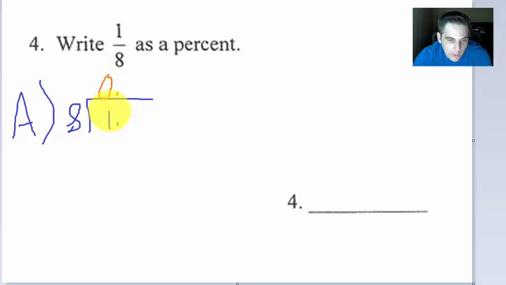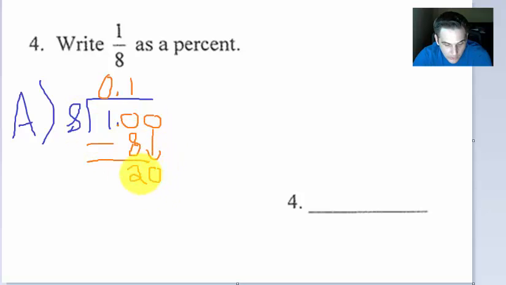And 0 right over the 1. And then we add another 0 there, so 1.0. 8 can go into 10 exactly 1 time without going over. So 8 times 1 equals 8. Subtract, and we're left with a 2. And so we add another 0 here, bring it down.